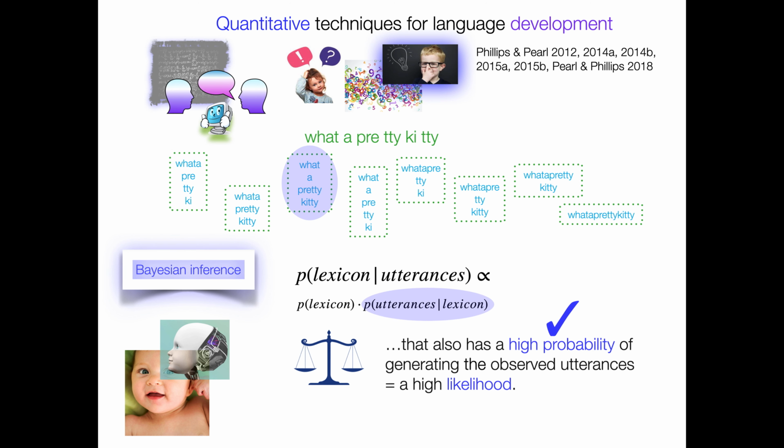And the other probability that has to be involved is the probability of the utterances given that lexicon. So whatever lexicon you think you're looking at has to have a high probability of generating those utterances. You have to be able to recreate the utterances you're encountering. So these two pieces, the prior and the likelihood, are what's used to reason about what the best lexicon is.